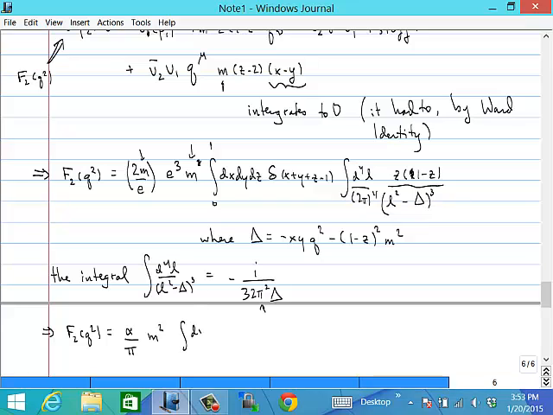So an integral dx, dy, dz times that delta function times z times 1 minus z divided by xy times q squared minus 1 minus z squared times m squared. So there you have it, a reasonably explicit answer for this form factor that describes the corrections to the interaction of an electron with a photon at one loop order in QED.